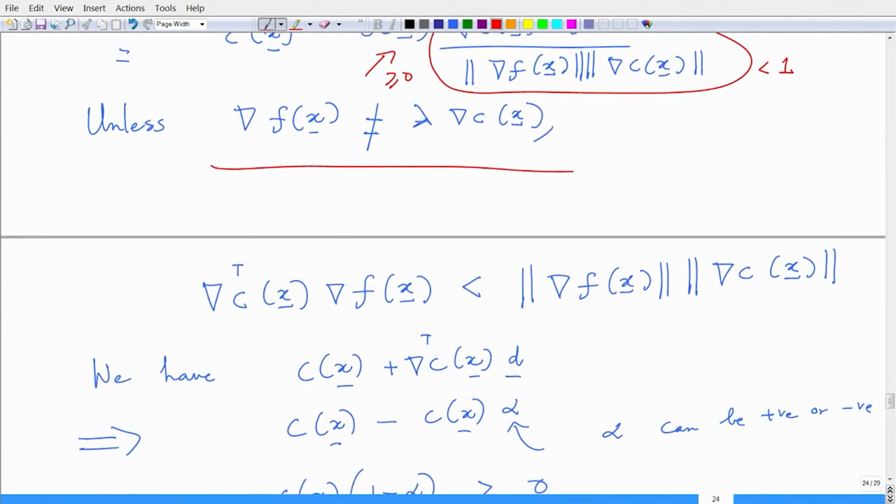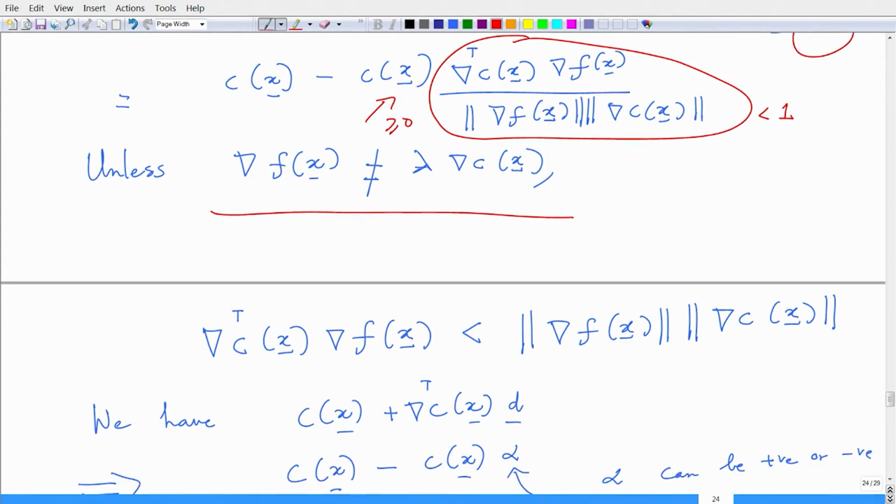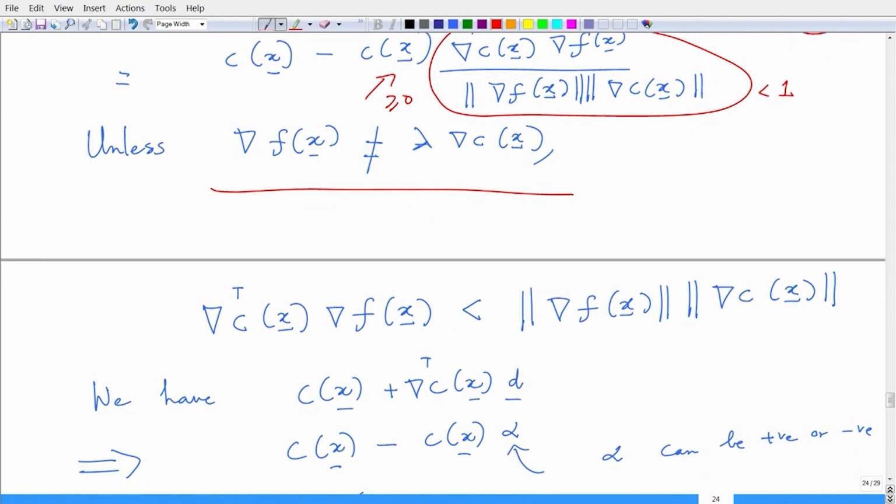So, how do we ensure this? You can check this out again through the Cauchy-Schwarz. Now, del C transposed del f is strictly less than norm del f times norm del C, because I remove this equality condition as I do not consider the case when del f is equal to lambda del C. So, I ignore that condition.